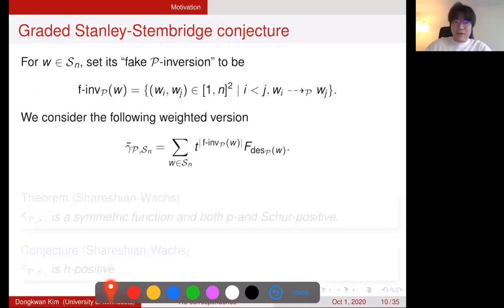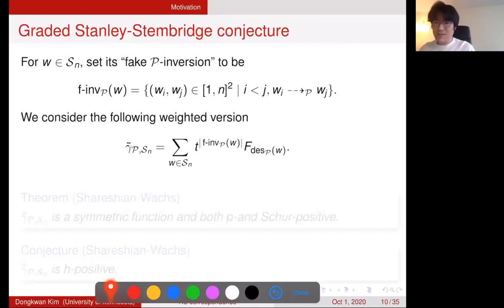And now you have a graded version. For this W, we define a fake P inversion. For the usual inversion, you have two numbers, not necessarily adjacent, and this one is bigger than this one, so it's called an inversion.